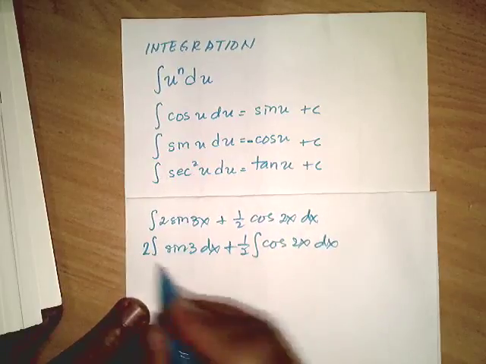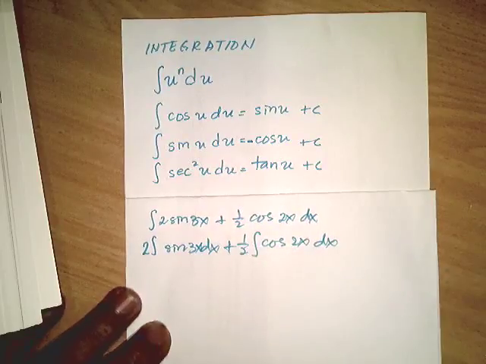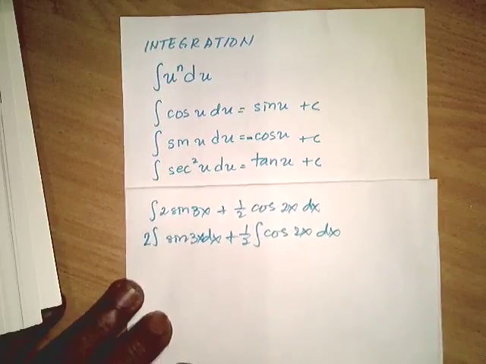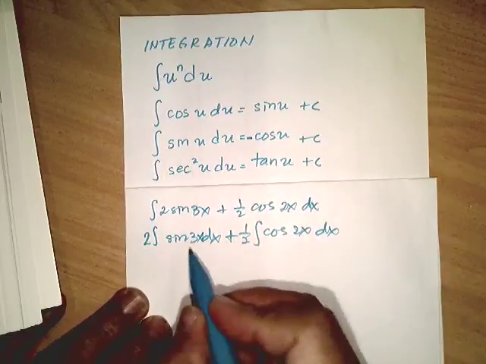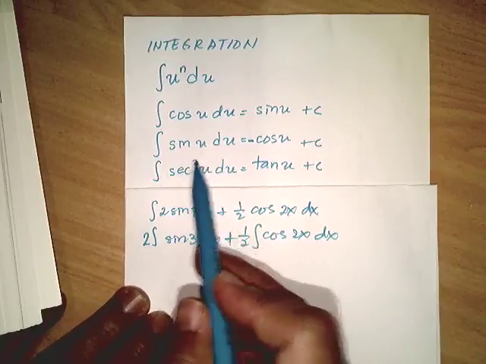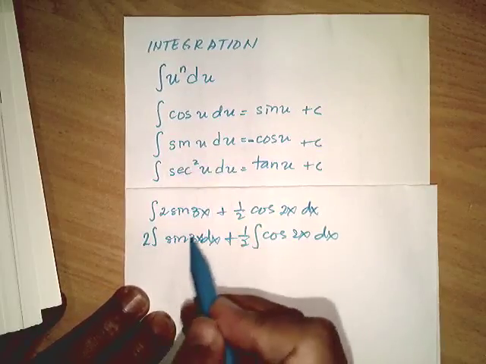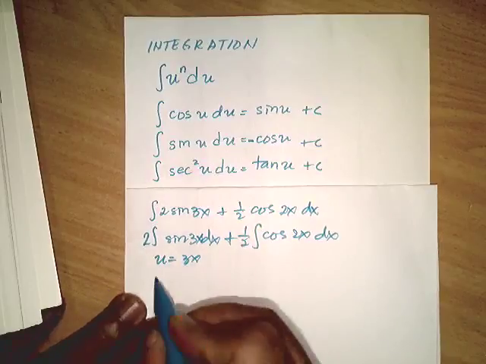Alright? And then after this, we can do the substitution. In this case, we look at the formula for sine u du. It says sine u, so our u is 3x. You need to let u be 3x.